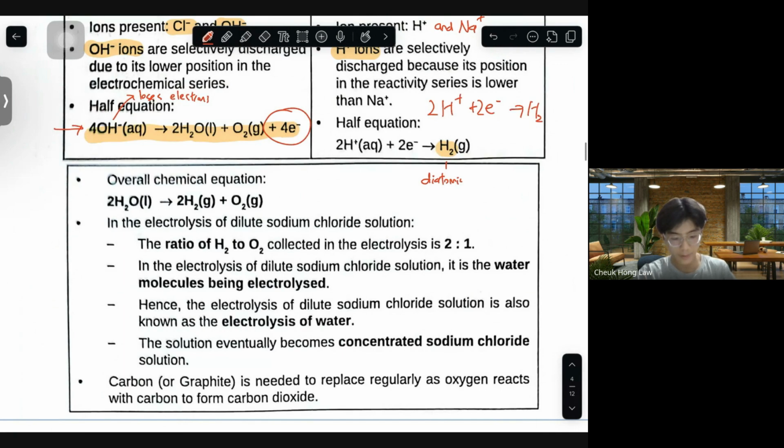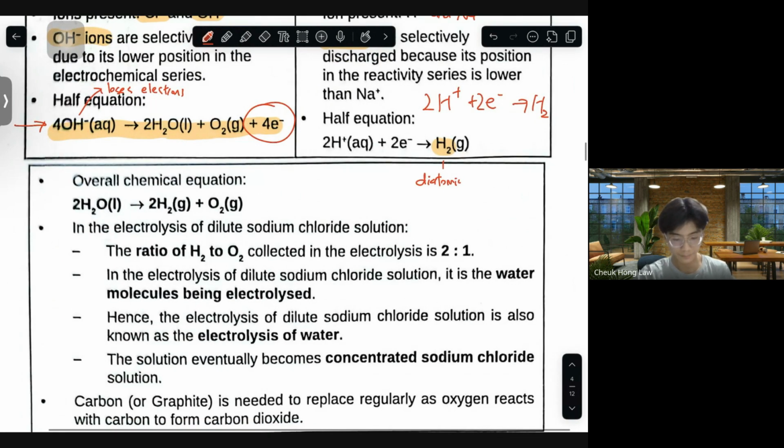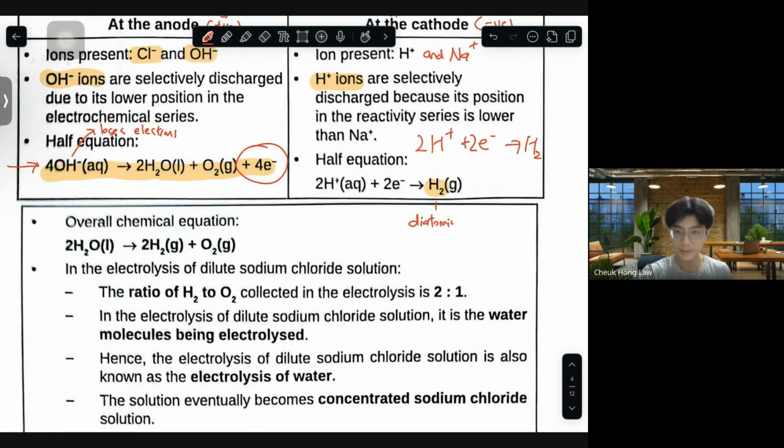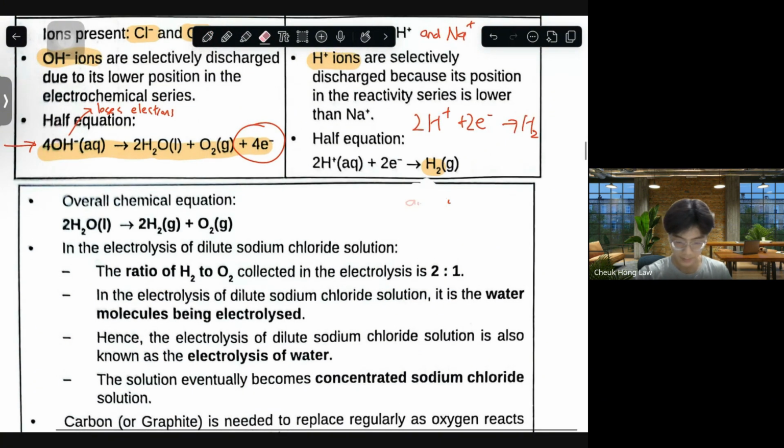Okay, then overall chemical equation. Let me teach you guys how to write. The first step is to balance the electrons. What I mean by balance is that both sides will have the same number of moles of electrons. Here I got 4 moles, here I got 2 moles.